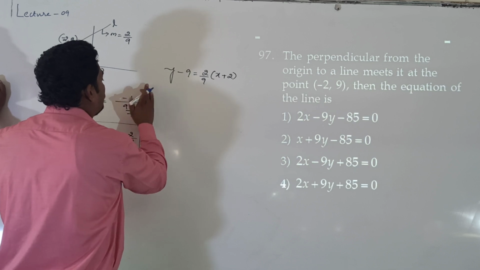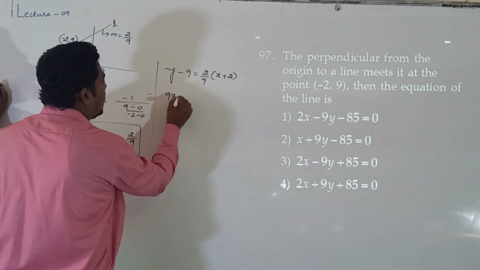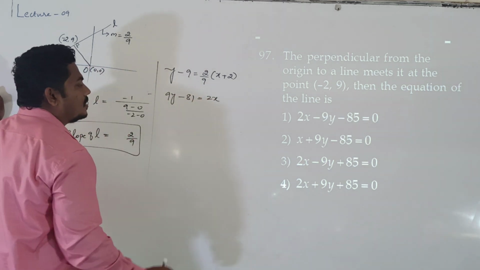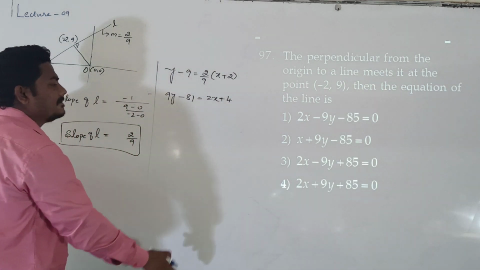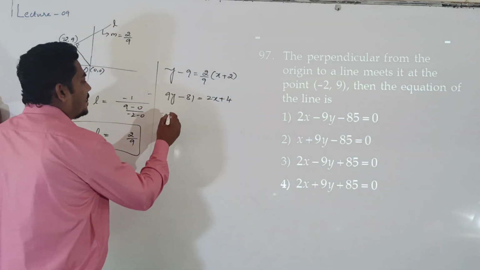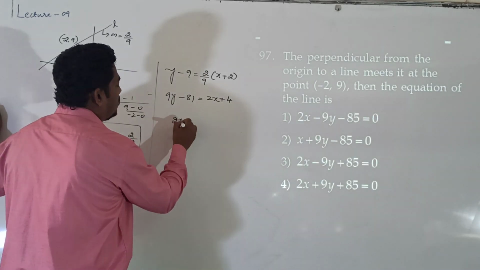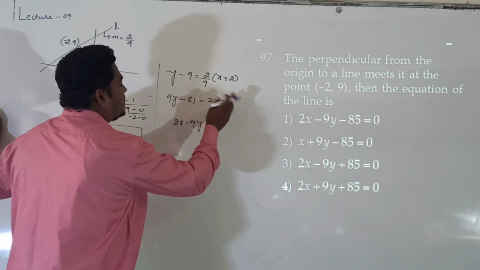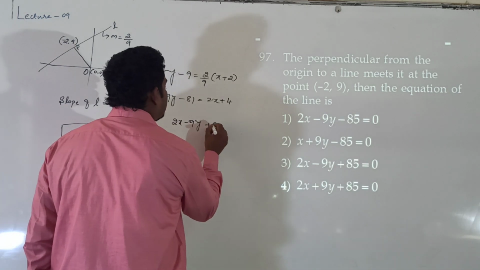Then just cross multiplication. On cross multiplication it will be 9y minus 81 is equal to 2x plus 4. After that, just rearrangement. Send it to RHS. Then 2x minus 9y, this minus 81 becomes plus 81. Plus 81 plus 4 means plus 85.